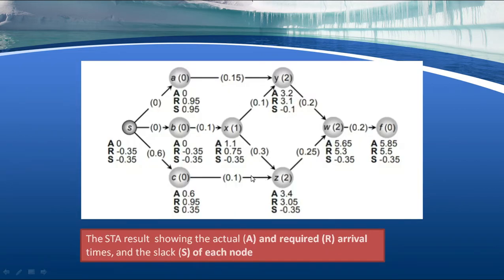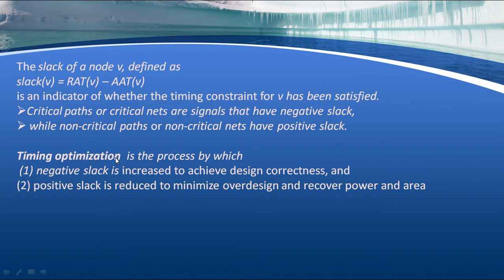See, this one has a negative slack, so this path is a critical path, and both of these, because they have positive slack, are non-critical paths. Timing optimization is the process by which negative slack is increased to achieve design correctness and positive slack is reduced to minimize over-design and recover power and area.